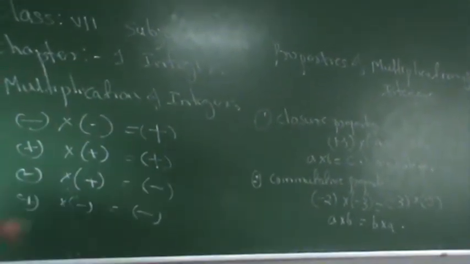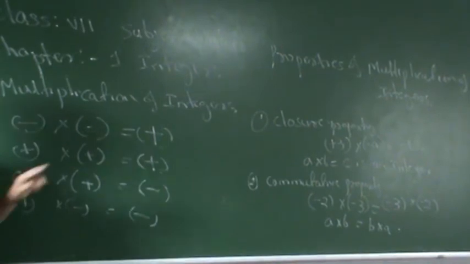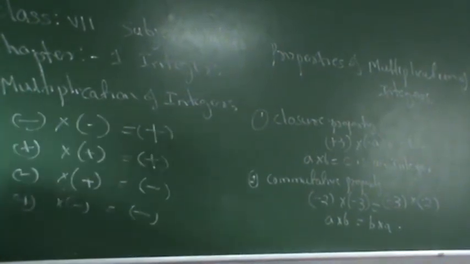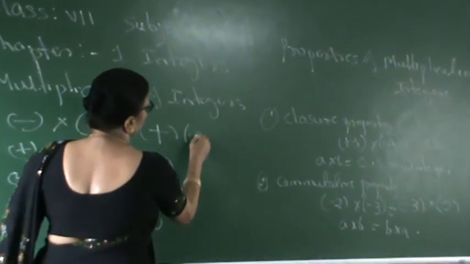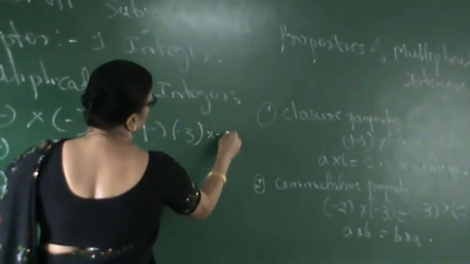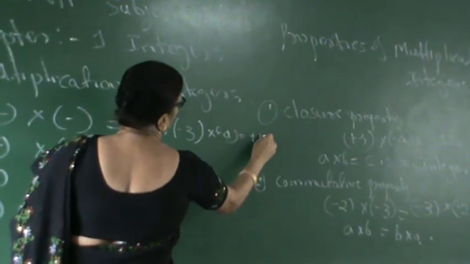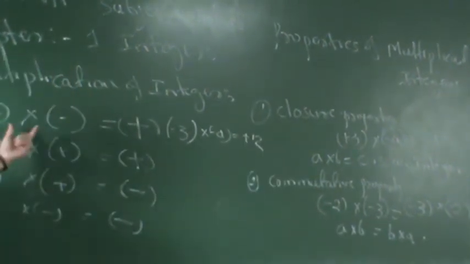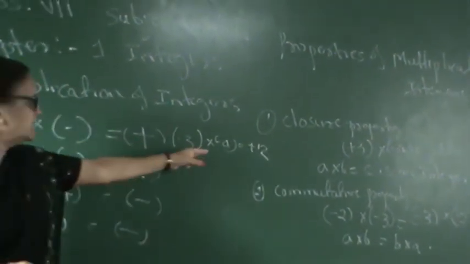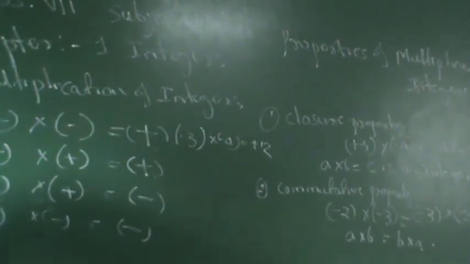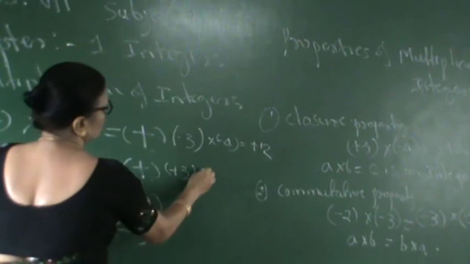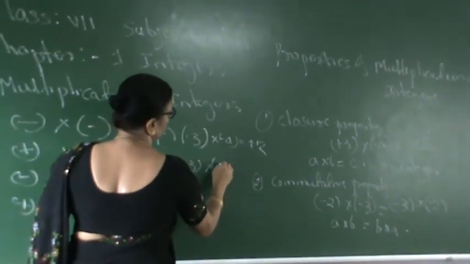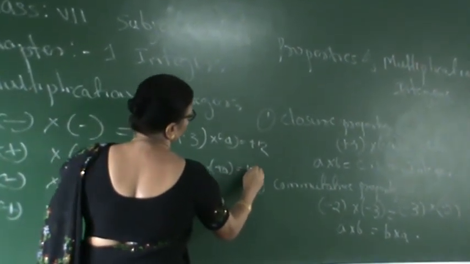When you multiply two negative integers, you will get a positive integer. Suppose minus 3 into minus 4 is equal to plus 12. Next, if you multiply two positive integers, you will get a positive integer.